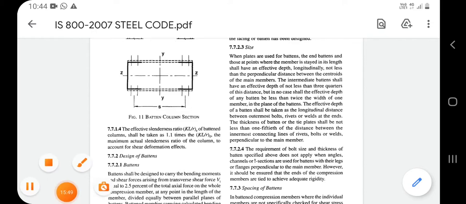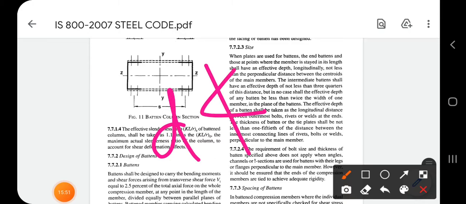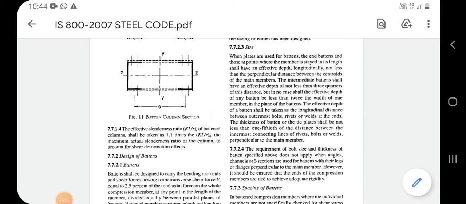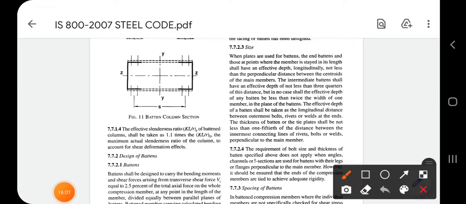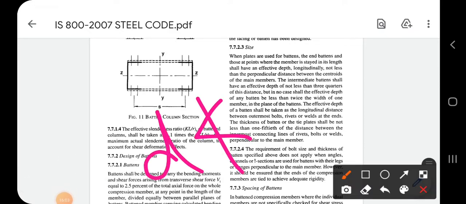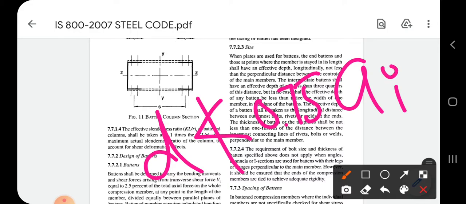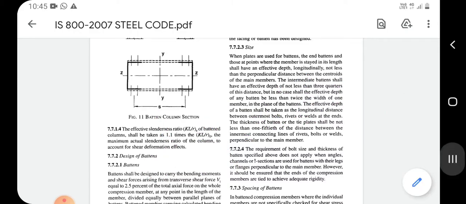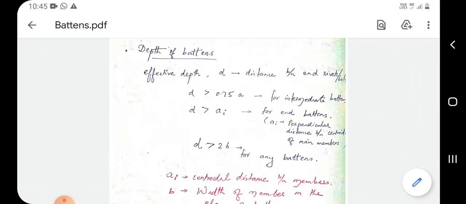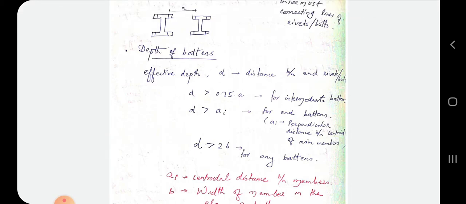D should not be less than the distance between the centroid of main members. And for intermediate battens, it shall have an effective depth of not less than 3/4, that is 0.75 times, of the same distance. It is given in sentences, so you can study it in the clause itself.